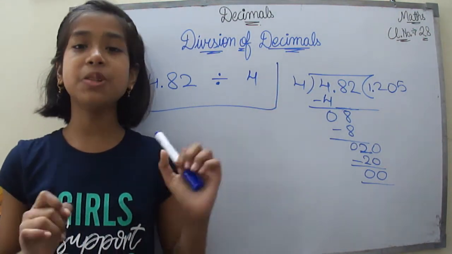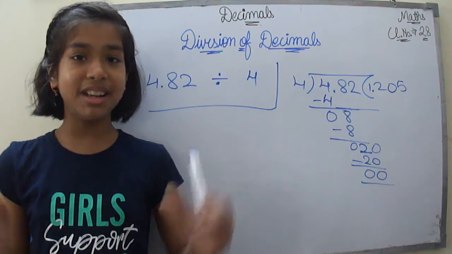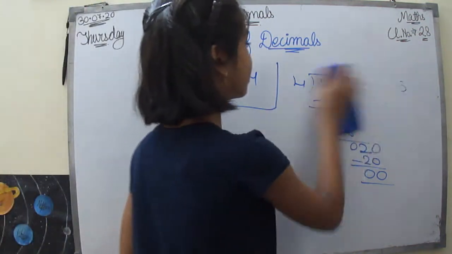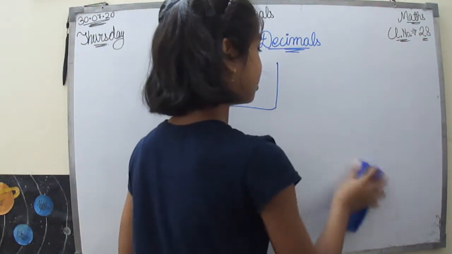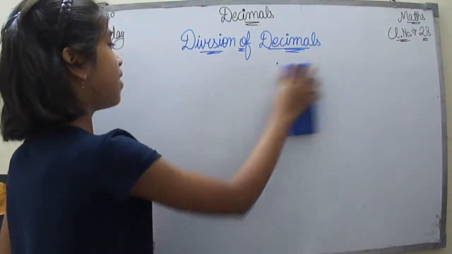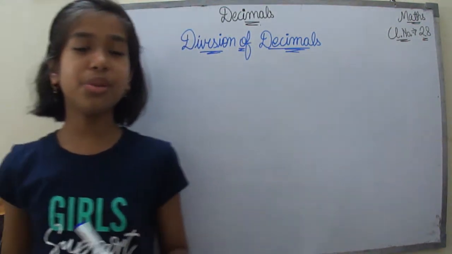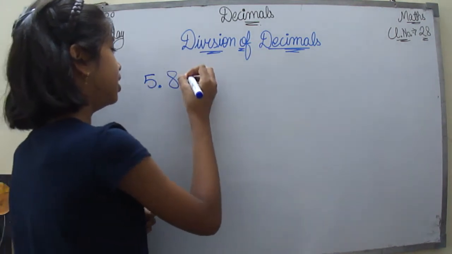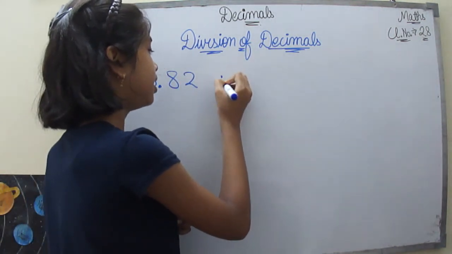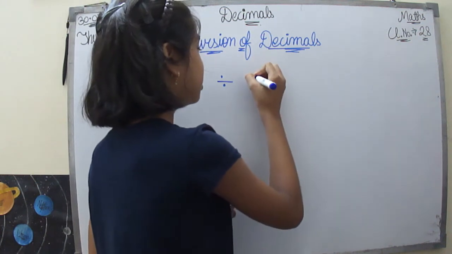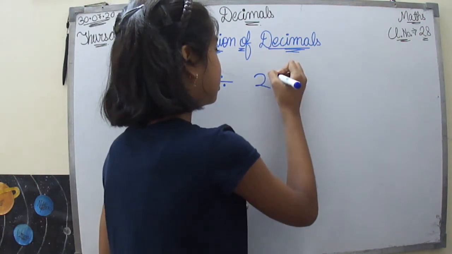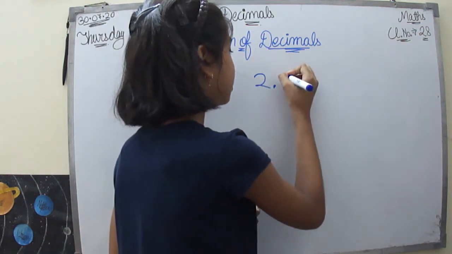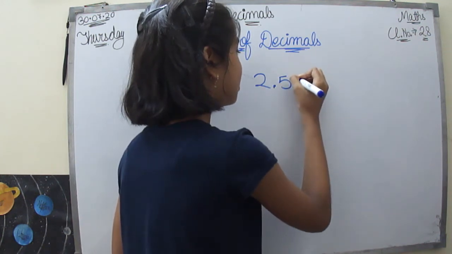Now let's see how to divide two decimal numbers. So for dividing two decimal numbers, let's say 5.82 divided by, let's say, 2.556.